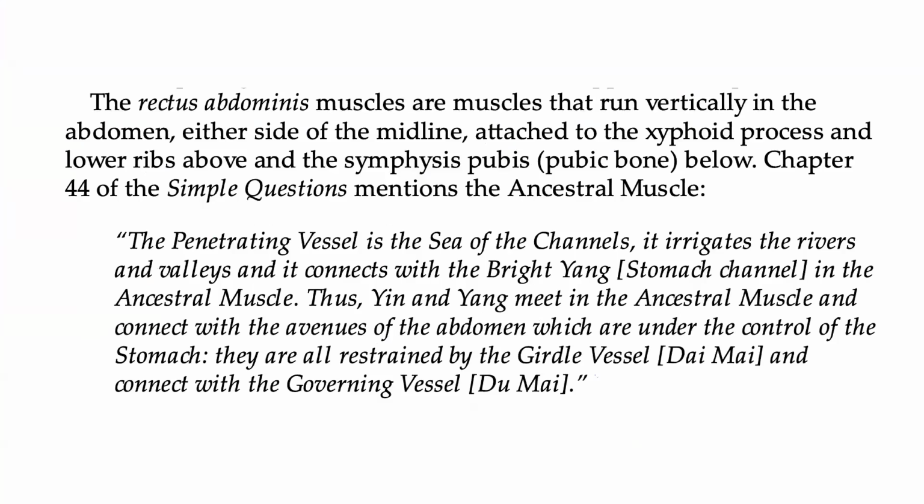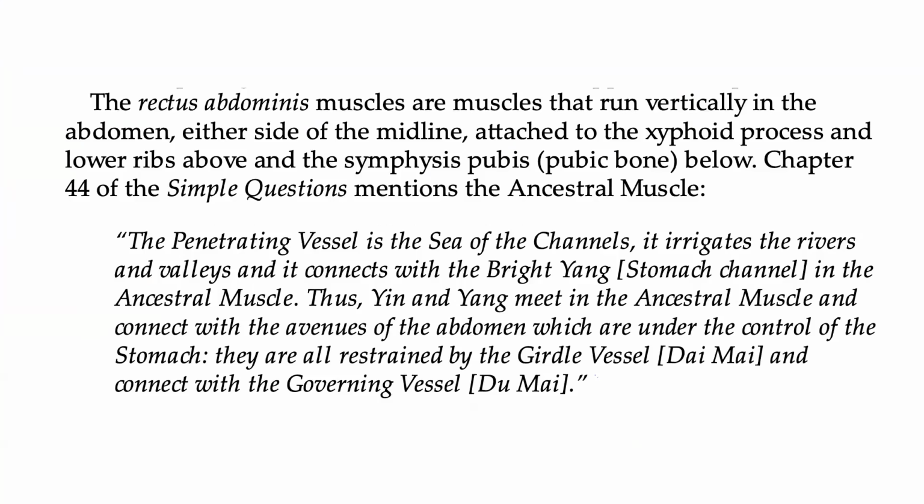The rectus abdominis muscles are muscles that run vertically in the abdomen, either side of the midline, attached to the xiphoid process and lower ribs above, and the symphysis pubis, or the pubic bone, below. Chapter 44 of the Simple Questions mentions the ancestral muscle. The penetrating vessel is the sea of the channels.